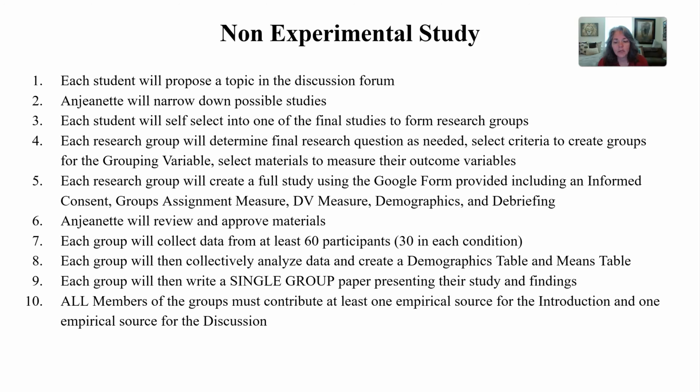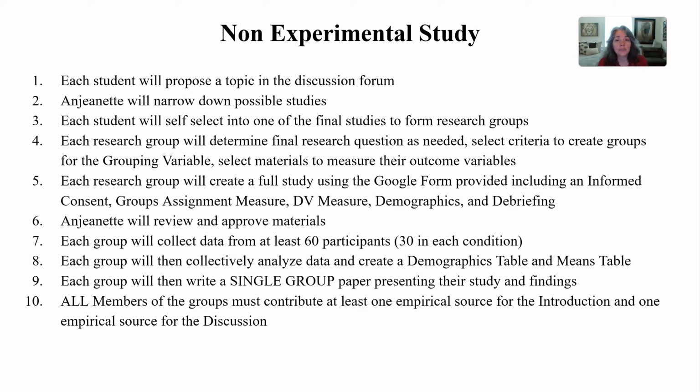So then you will again write one single paper, a collective writing process as a research team presenting your study and your findings. Every member of the group must contribute to that collaborative writing, and they must contribute at least one empirical source for the introduction and one empirical source for your discussion.